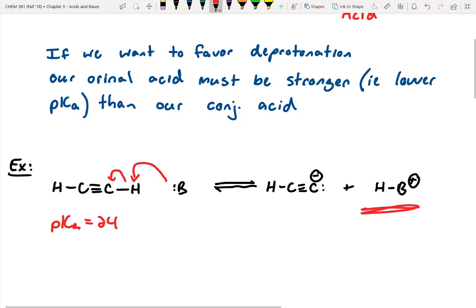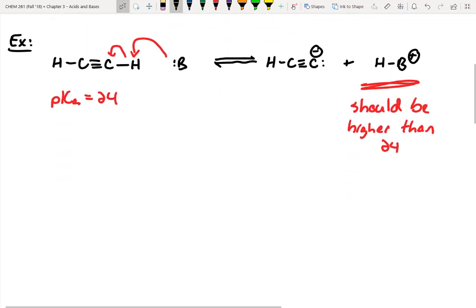What does that tell you about our conjugate base? Should the pKa be higher or lower than 24? Higher than 24. So it should be higher than 24 if we want the deprotonation to be favored, right? Okay, so let's find an example of this. In this first example, we're going to use hydroxide.